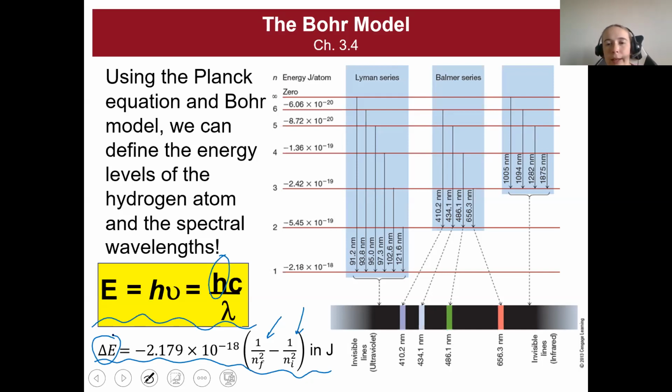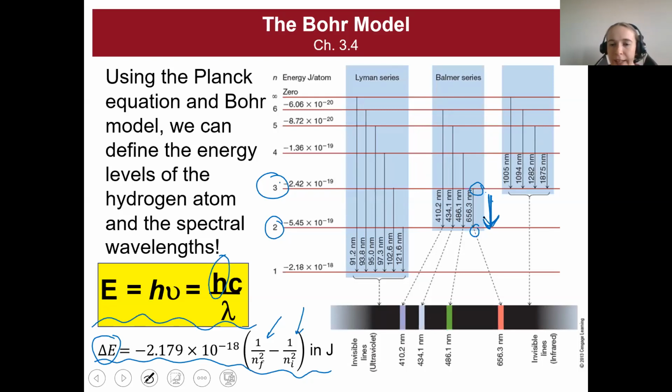So the energy of the photon that is released, if you look at this figure, let's look at this red line, for example. So energy level 3 and energy level 2, or orbit 3 to orbit 2, results in this change in energy.